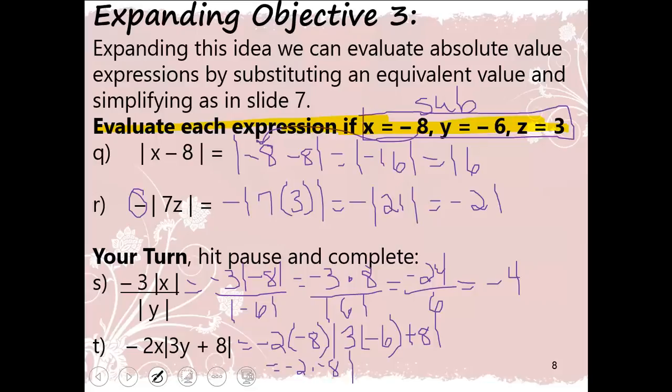And then on the inside, I get negative 18 plus 8. That's negative 10. So now I get 16. That's negative 2 times negative 8. That's 16. Times the absolute value of negative 10. Well, that's just 10. So I get 160.